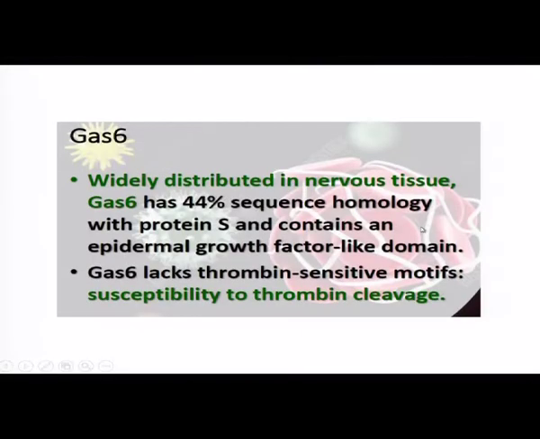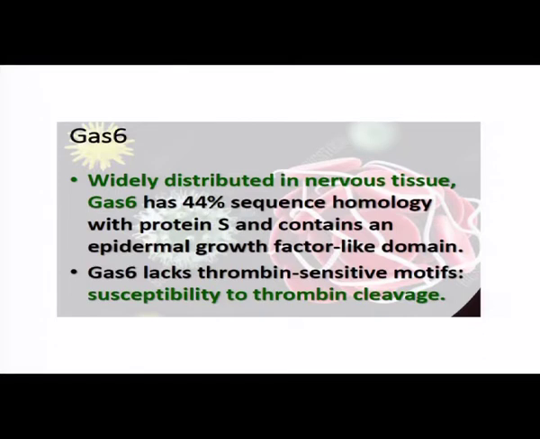If you look at this particular protein Gas6, it lacks a thrombin sensitive motif, as you can see here. It has a sequence homology with epidermal growth factor. Epidermal growth factor is generally considered an important regulatory component in terms of cell proliferation.